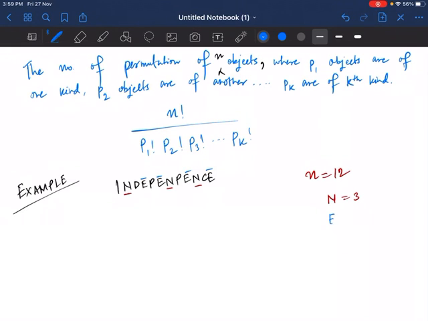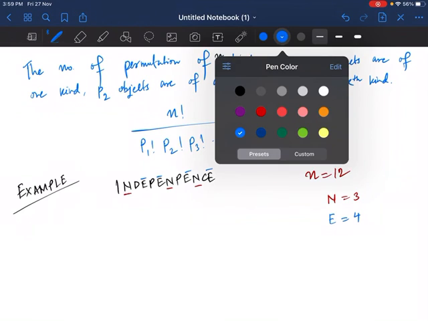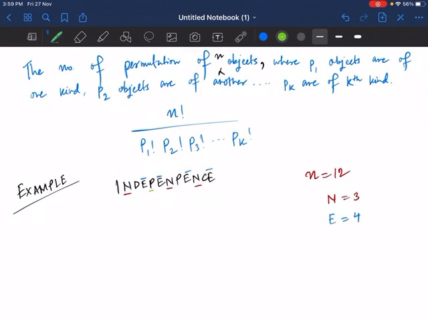So E is used 4 times. Now P is used twice, so I will write P2. These are the letters which are repeated and the rest are used once.